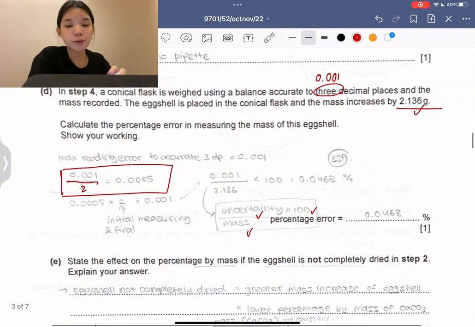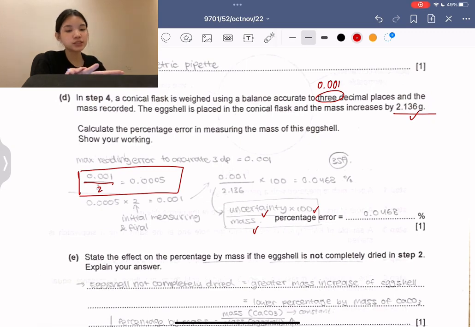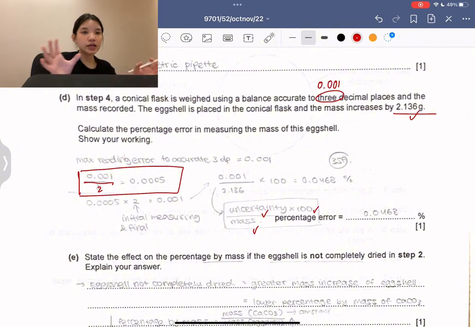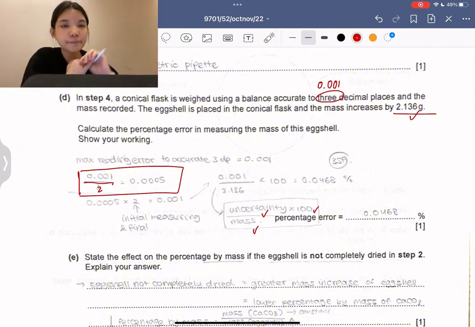And because you are measuring the initial mass of the conical flask, then you measure again the conical flask with the mass of the eggshell, then you subtract the masses. You're measuring it twice, final minus initial.